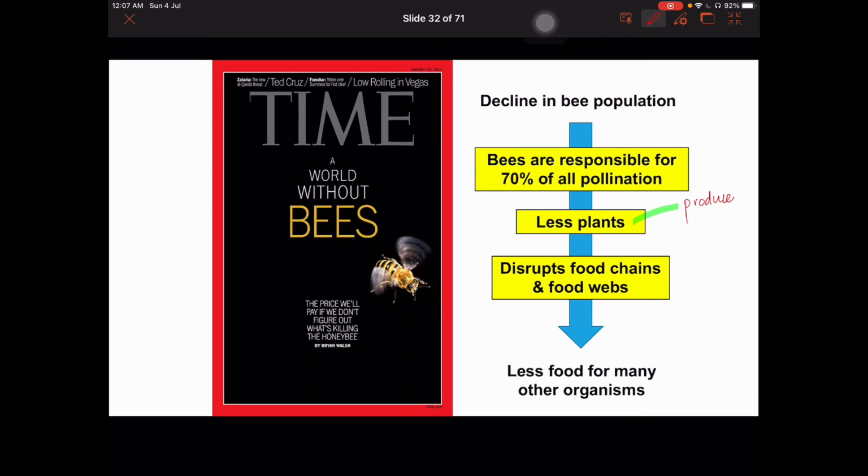Because let's say you take away the producer from the entire food chain, then every other thing that comes after it, all the different trophic levels, will suffer because they have no food. Then they will all die. So when they die, the question is, what if we are eating all these different foods? Then we will be impacted as well.